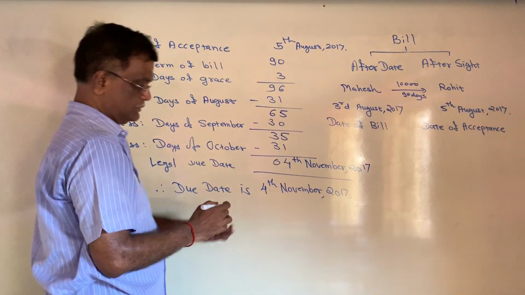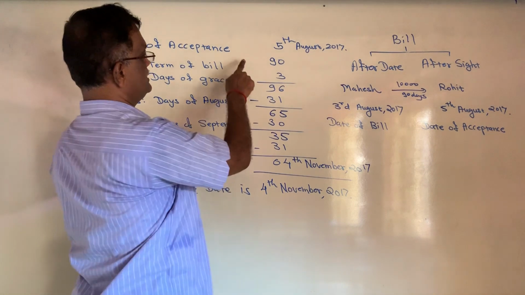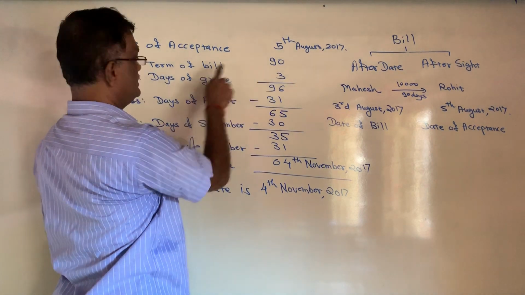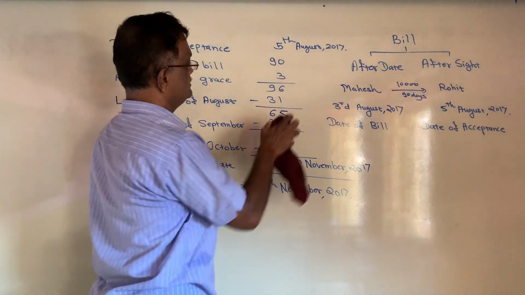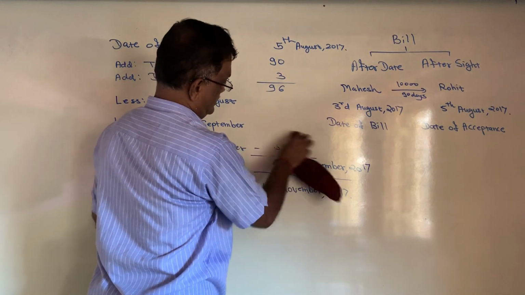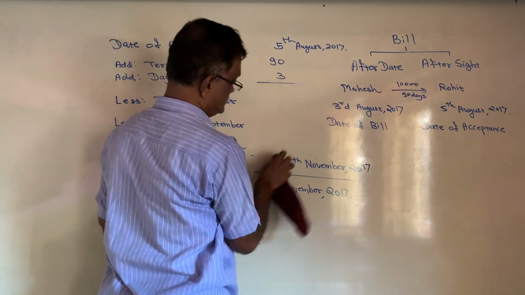Everything else will be the same. Just check. 90 days, the term of the bill, we have to add. 3 extra days of grace we have to add. And see how the answer changes.